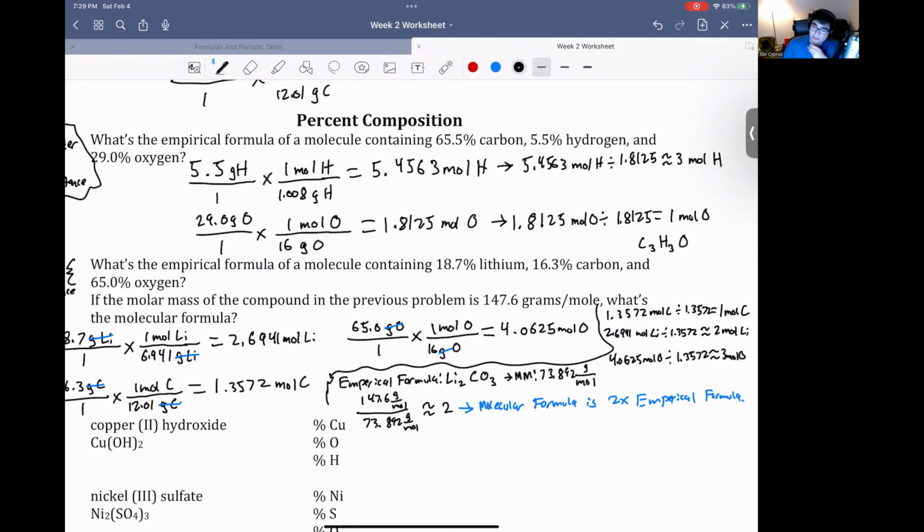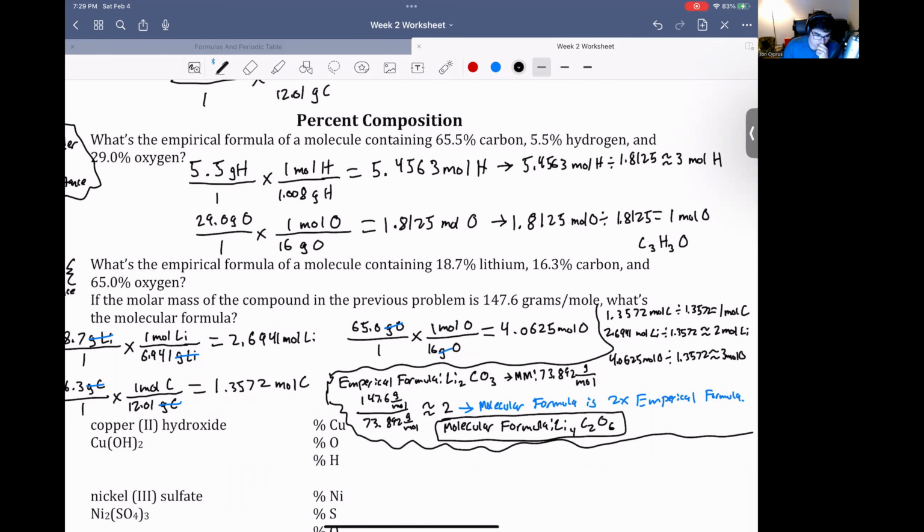So all I have to do here is take my empirical formula and multiply everything by 2. So the molecular formula is going to be Li4C2O6. And that is your final answer. Okay.